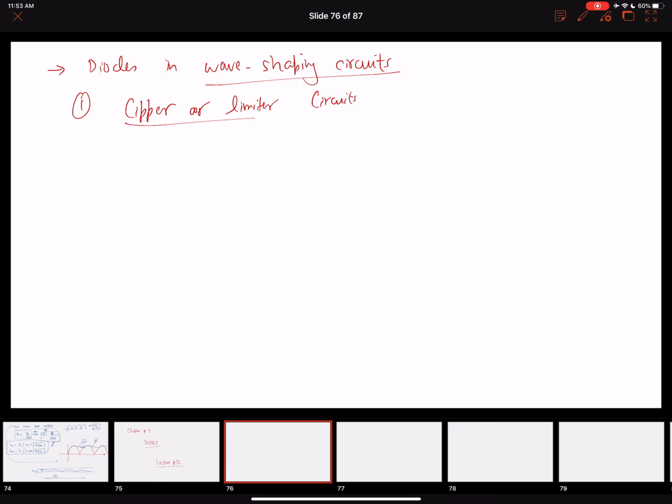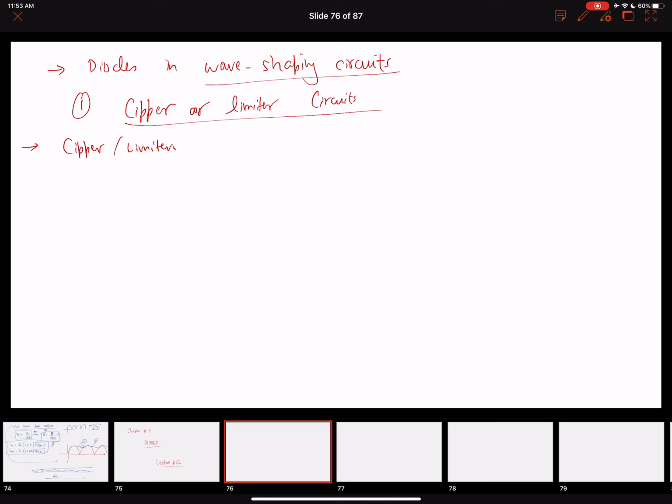So the first thing is, what are clipper or limiter circuits? Clipper and limiter, as the name suggests, are going to limit the output values to a specific range, to a specific value.